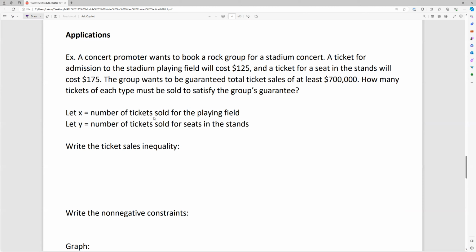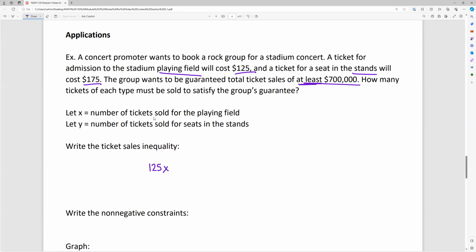So notice the stadium price is $125. The stands price is going to be $175, and then we want it to be at least 700,000. That's the keyword for how we're going to know what inequality to use. So for the playing field, we're going to pay $125 for every ticket.